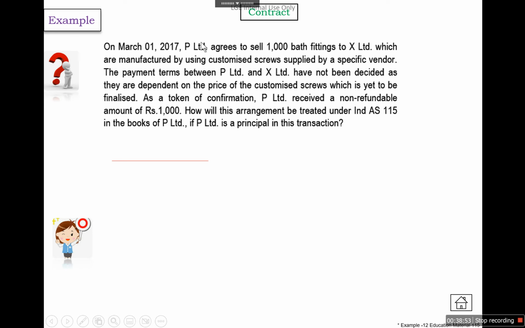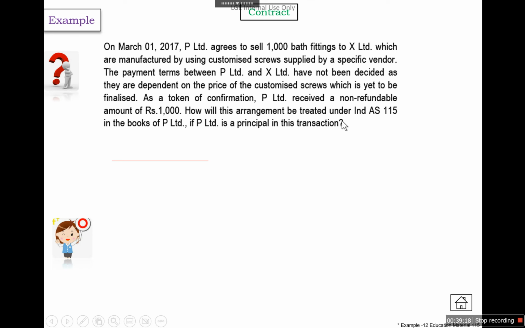The next example is: on March 17, P Limited agrees to sell 1 lakh bath fittings to X Limited, which are manufactured using customized screws supplied by a specific vendor. The payment terms have not been decided as they are dependent on the price of the customized screw, which is to be finalized. As a token of confirmation, P Limited receives a non-refundable amount of 1000.